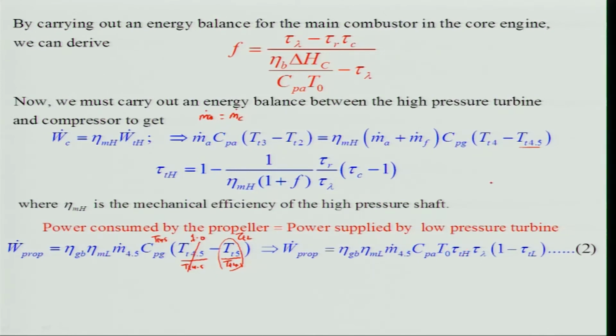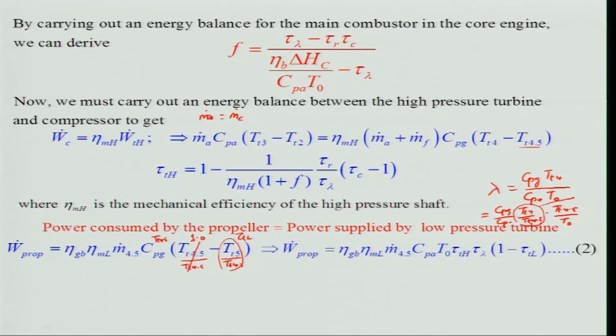By definition, lambda is equal to Cpg Tt 4 divided by Cpa T naught. In place of Tt 4, let me do a little bit: Tt 4 by Tt 4.5, Tt 4.5 divided by T naught.